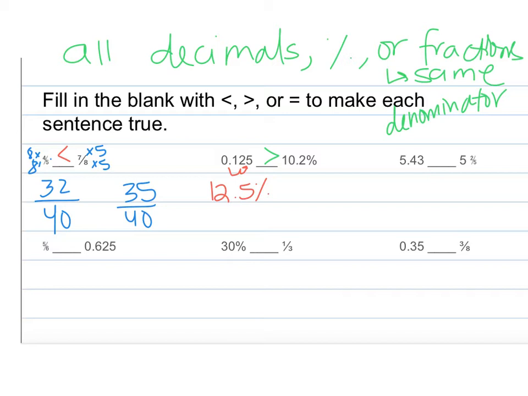So 5 and 43/100ths. Well, I'm going to turn this 5 2/5 into a decimal, because decimals and percents are the easiest way to compare. If you make something a fraction, you're making yourself have an extra step of finding a common denominator. So if I were to make 5 and 43/100ths into a fraction, I would then need to change the 5 and 2/5.